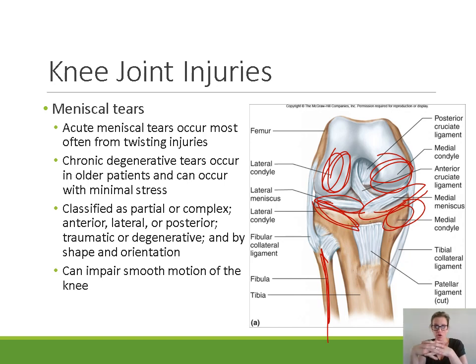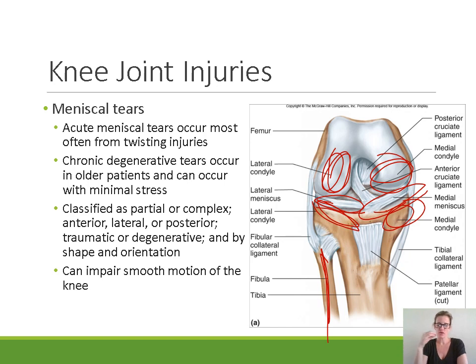Again, the cartilage pad is there. One, there's padding because we do need some cushioning and shock absorption between the bones, but it also provides a smooth surface. So there's a nice smooth surface for the joint movement to occur. Meniscal tears interrupt that smooth movement.